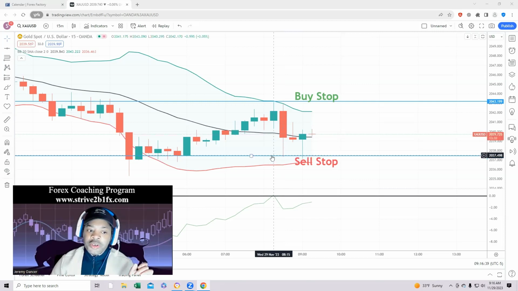So anytime the price touches this level, that means the buyers should have enough strength to push the price up. If this support zone is ever broken, then that is a sign that the buyers have lost control and the sellers are going to take over and they're going to keep pushing the price lower.